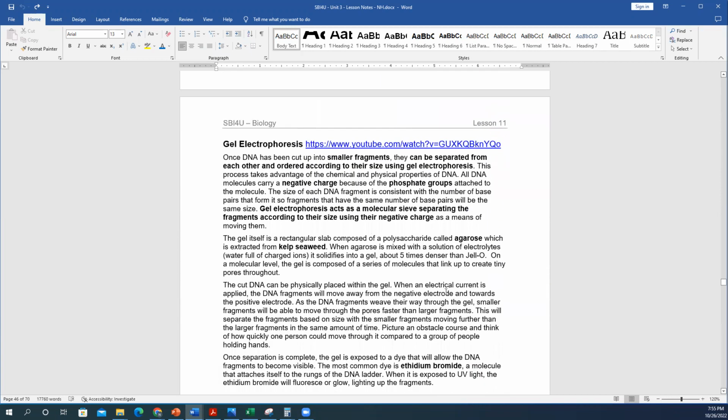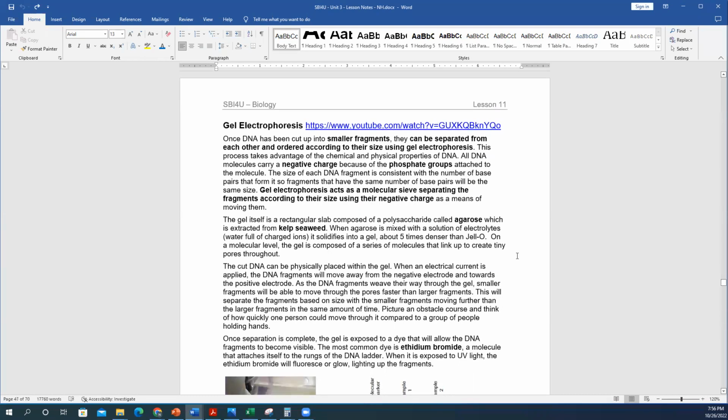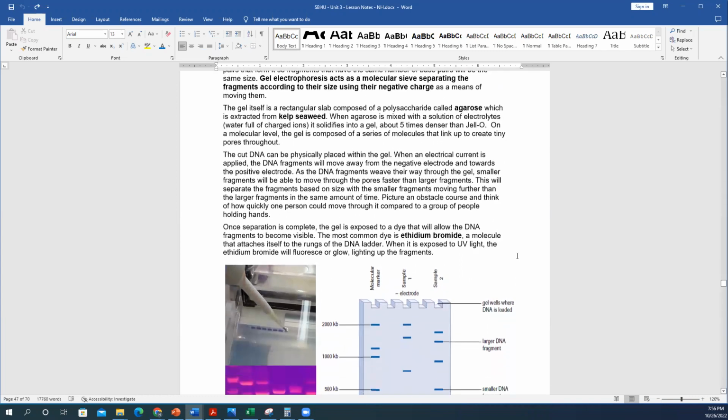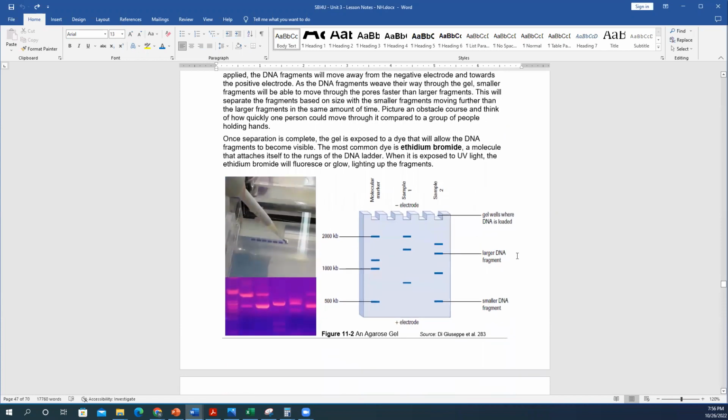We talked about gel electrophoresis, and we looked at how it took advantage of the negative charge carried by the phosphate groups of the DNA molecule, and how it uses this negative charge and the size of the DNA fragments to separate them along the gel using an electric current.